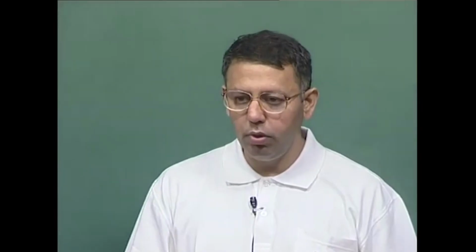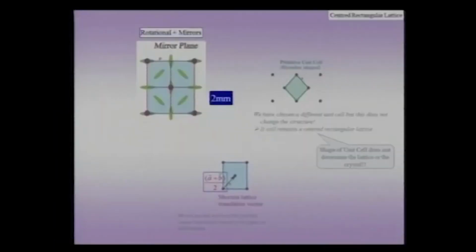So let us consider this centered rectangular lattice in a little more detail. What we had considered before in the previous figure has been shown here, which has overlaid on it the rotation and mirror symmetry operators, and we had stated that it has a symmetry which is 2mm. We could alternately choose a primitive unit cell as shown on the right hand side, which is rhombus shaped, and we had earlier pointed out that by convention we actually choose the non-primitive unit cell, which is colored blue, for the case of the rectangle lattices.